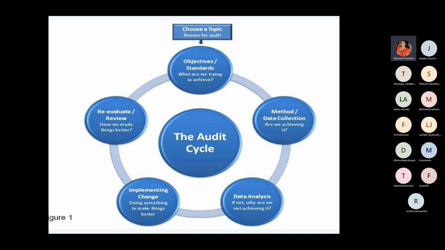Then we go for the re-evaluation, the re-audit, and we check whether the new solutions are good or bad, whether they are providing the expected outcome or not. So this is what we call an audit cycle. It is similar to the policy evaluation.